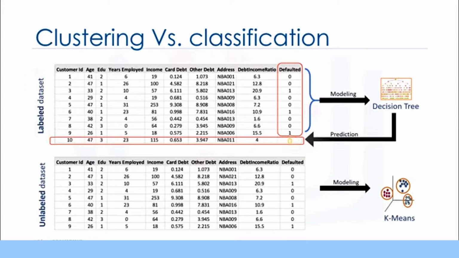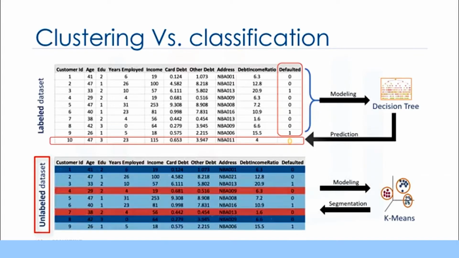Generally speaking, classification is a supervised learning where each training data instance belongs to a particular class. In clustering, however, the data is unlabeled and the process is unsupervised. For example, we can use a clustering algorithm such as k-means to group similar customers as mentioned and assign them to a cluster based on whether they share similar attributes such as age, education, and so on.